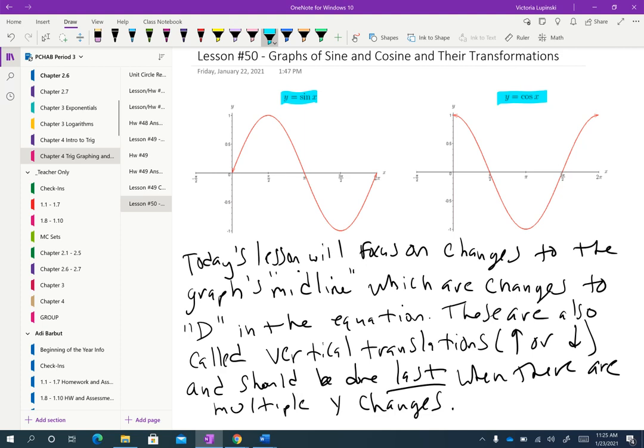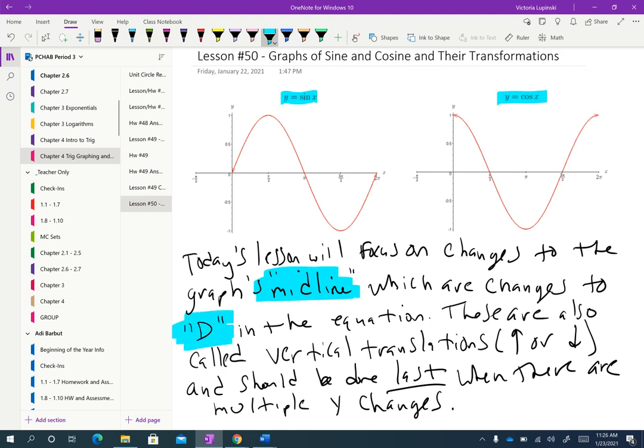So you should go ahead and start by writing down the description of what we're going to focus on today. Today's lesson will focus on changes to the graph's midline. We talked briefly about the midline in an earlier lesson. That is the horizontal line that cuts the y values in half.